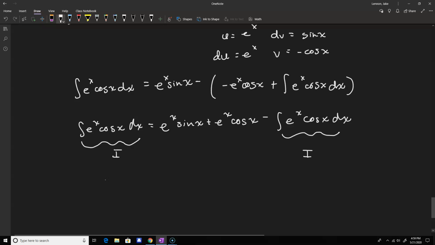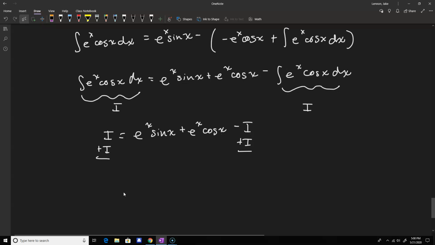So if you have I equals e to the x sine of x plus e to the x cosine of x minus I, we can just add I to both sides. And we're going to end up with 2I equals e to the x sine of x plus e to the x cosine of x.